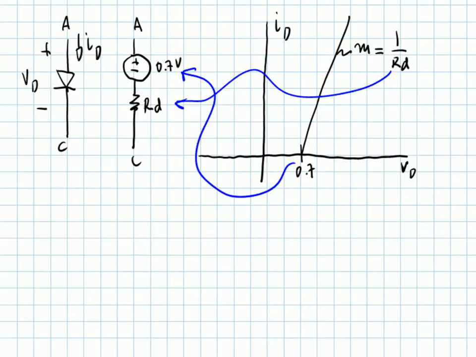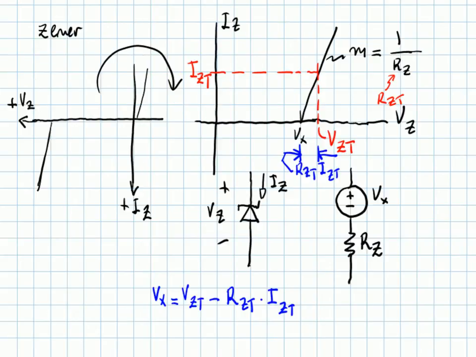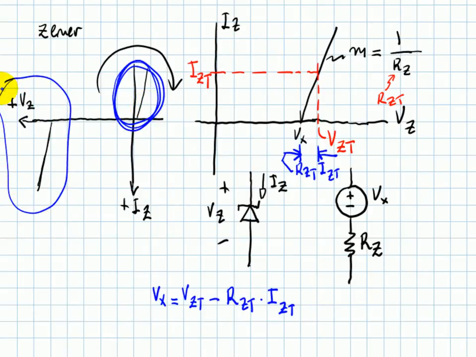But the student asked, what about the Zener diode? In the Zener diode, we are not interested in operating in the forward area of operation. No, we operate here in the reverse mode.